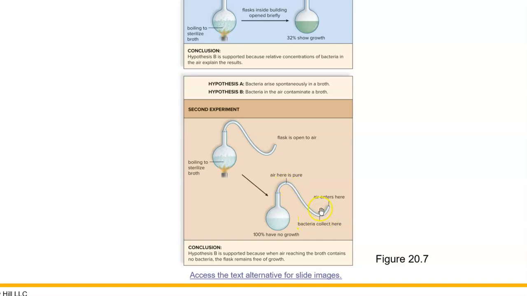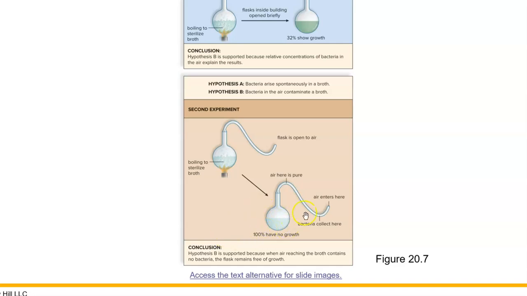So the bacteria collected here at that first dip in the neck. I'm sorry, there was bacteria collected from right there, but no bacteria was collected from the dip at the top end that was closer to the opening of the flask. So that was telling us that the bacteria could not travel up.